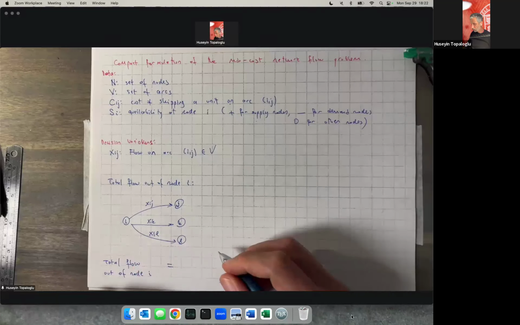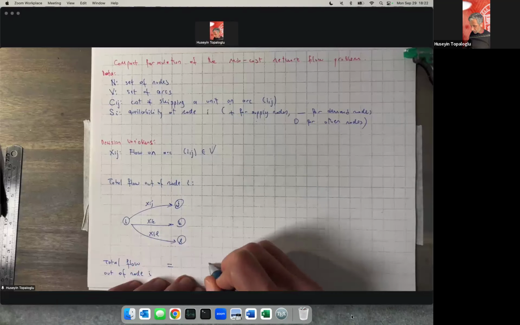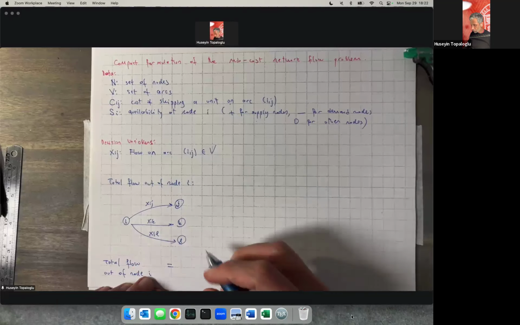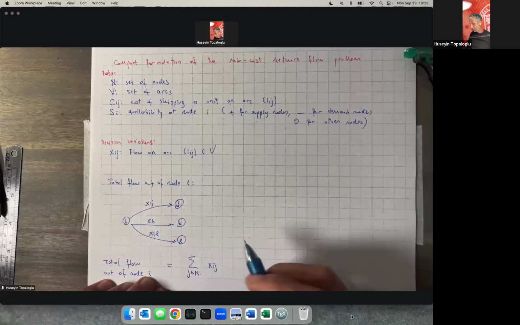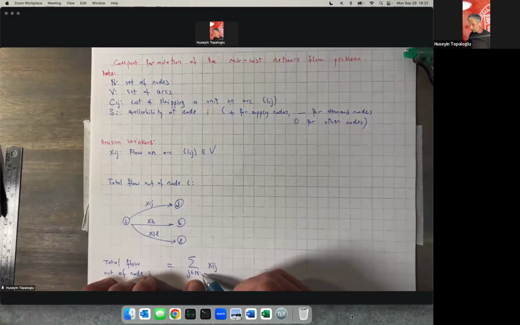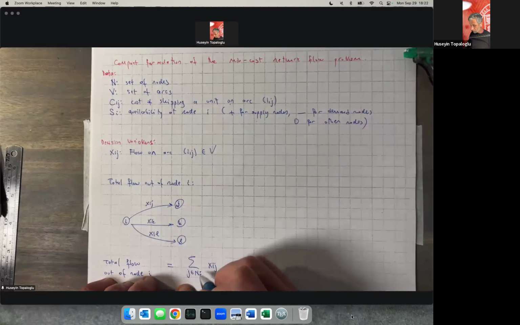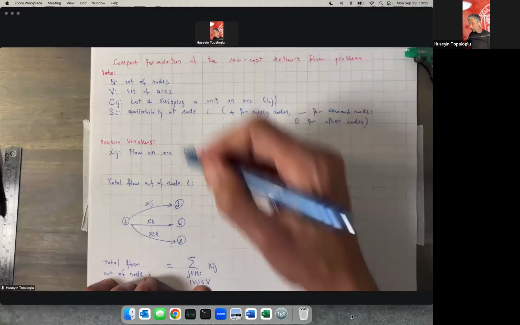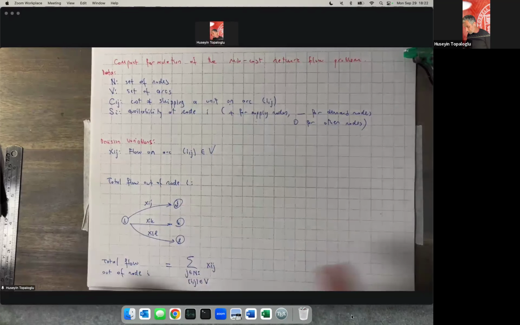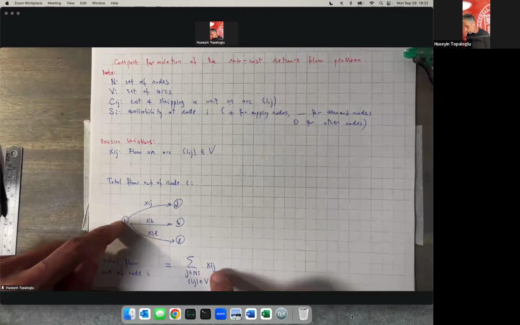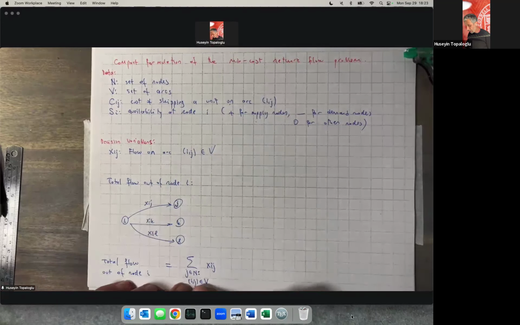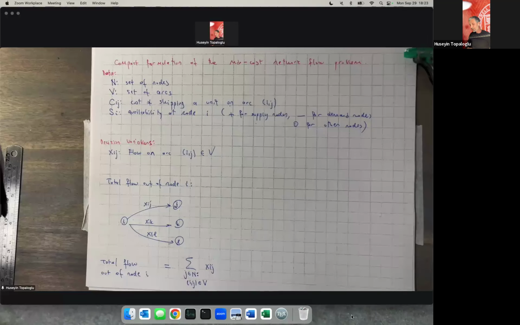We're going to write something like this: take the x_ij variables for node i, added over all j's in my node set, such that ij is a valid arc in my network. So this is the sum over x_ij for a fixed i, over all j's such that ij is a valid arc in my network. This is how we're going to write the total flow out of node i.